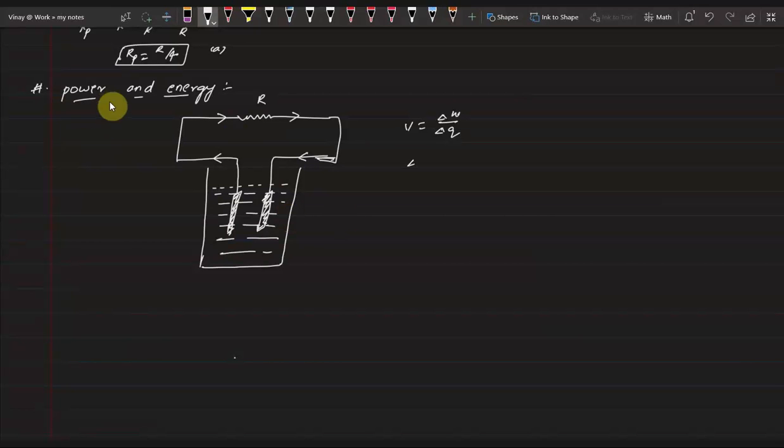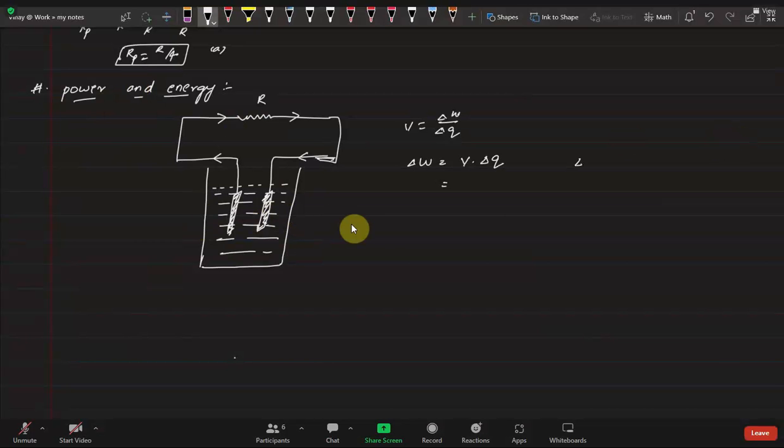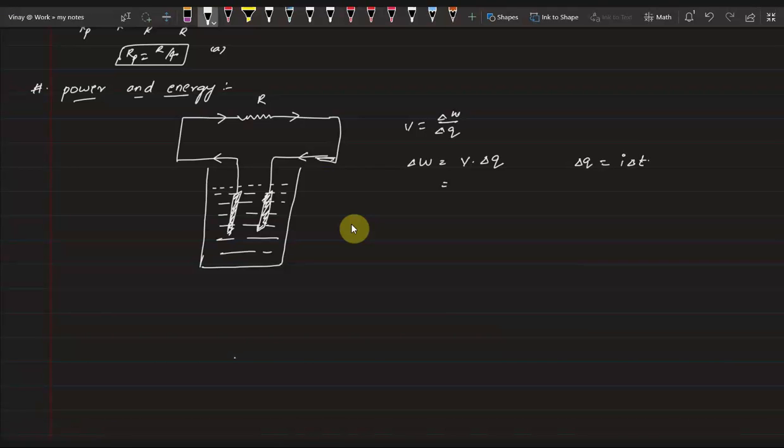Then delta W can be taken as V into delta Q, and delta Q can be taken as I into delta T. So substitute these values: delta W is equal to V into I into delta T, where V is the potential. Understood this point? So this is the value of delta W.